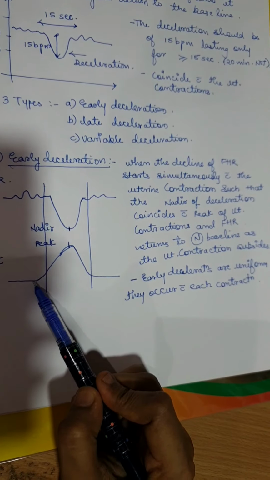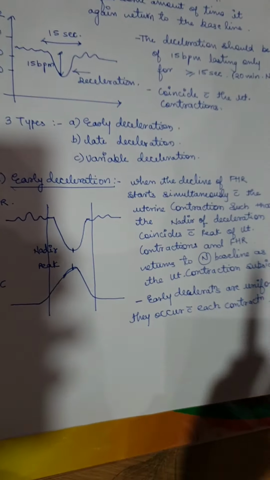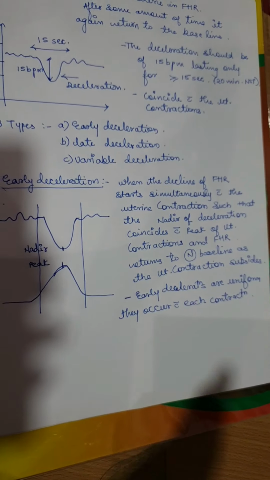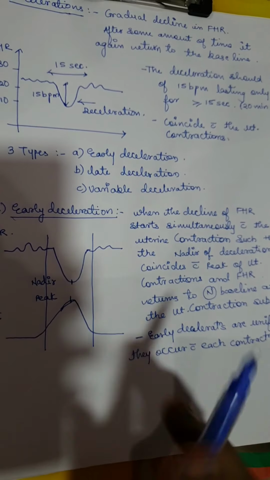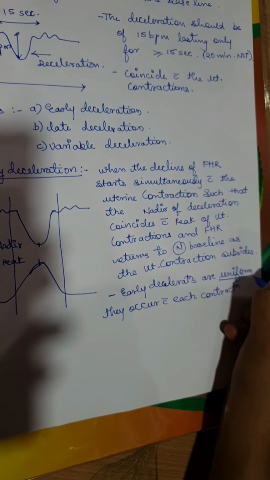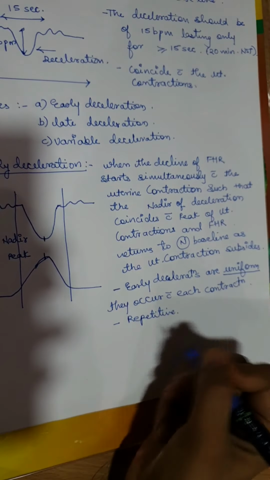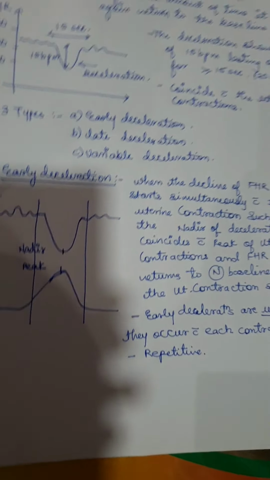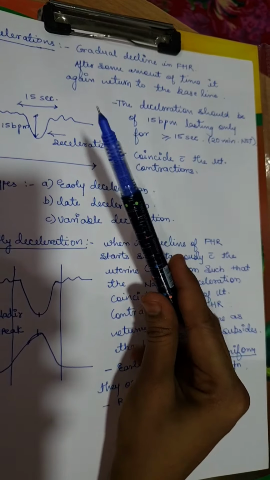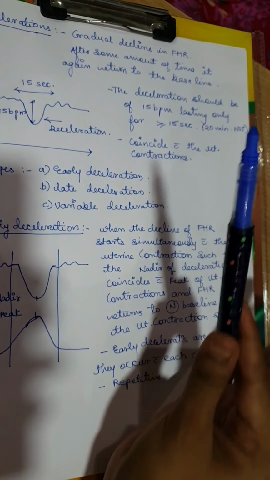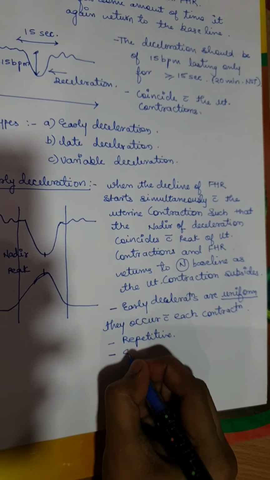As there is a uterine contraction, you will see the deceleration in the 20 minutes of NST, or in every graph you will see the deceleration with the uterine contraction. So the early decelerations are uniform as well as repetitive. They will occur with each contraction. And the decelerations will be of the same magnitude, either 15 beats per minute, and last for the same time interval.